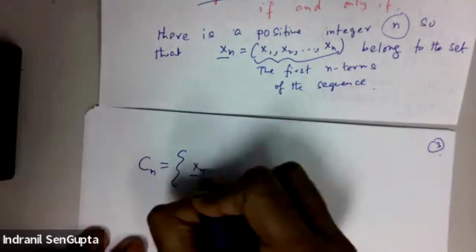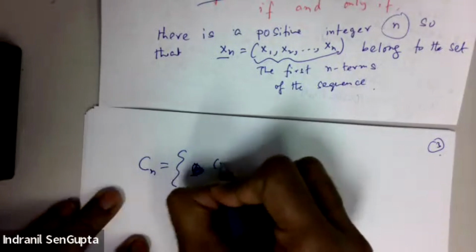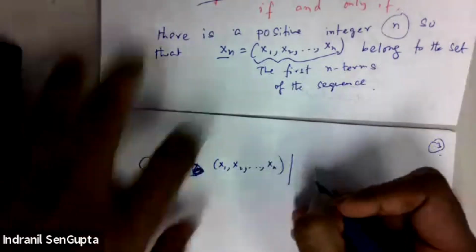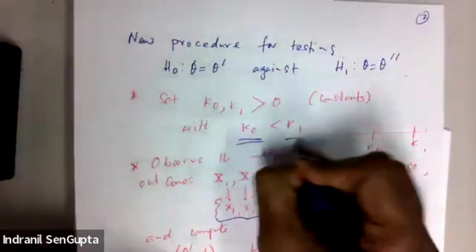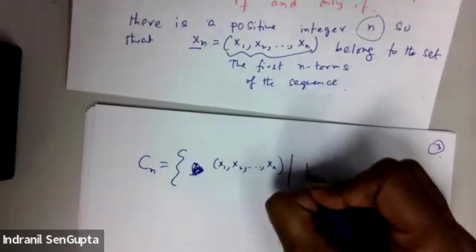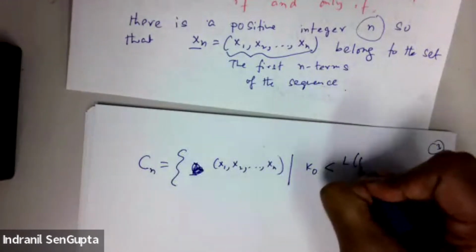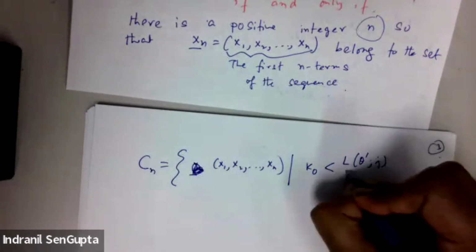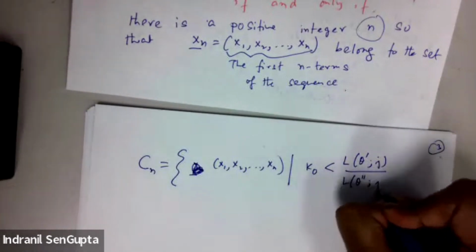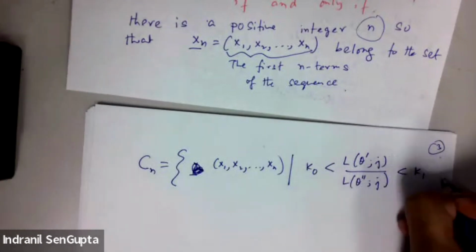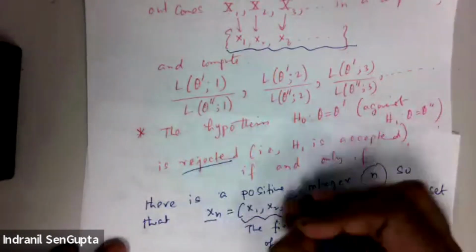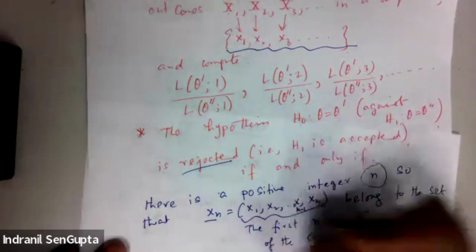The vector x1, x2, up to xn, such that K0, remember we set up K0 and K1 when we started off this procedure, K0 is less than L of theta prime comma j over L of theta double prime comma j, which is less than K1, for every j until the penultimate point of the sequence, x of n minus 1.